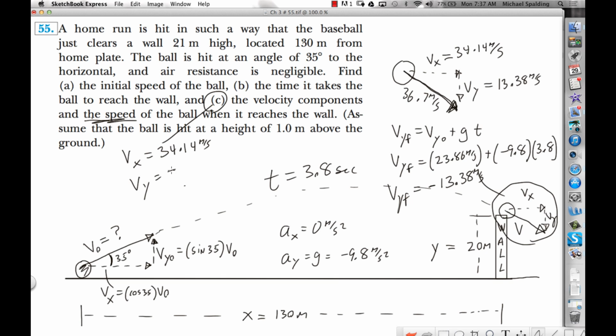Y component is negative 13.38 meters per second. And then the total velocity is 36.7. To get this, you do Pythagorean theorem. And the x doesn't change because there's no acceleration, right? The x velocity is constant.